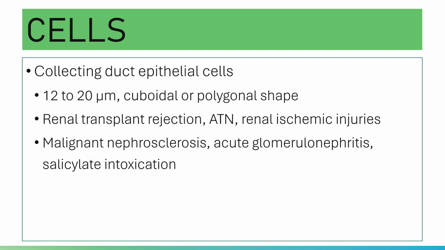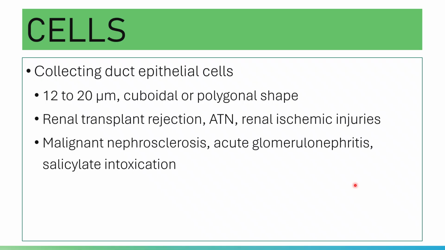Collecting duct epithelial cells measure 12 to 20 micrometers in diameter and are identified by their characteristic cuboidal or polygonal shape and large, usually slightly eccentric nucleus. Increased numbers of collecting duct epithelial cells are found in cases of renal transplant rejection, acute tubular necrosis and other ischemic injuries to the kidneys.